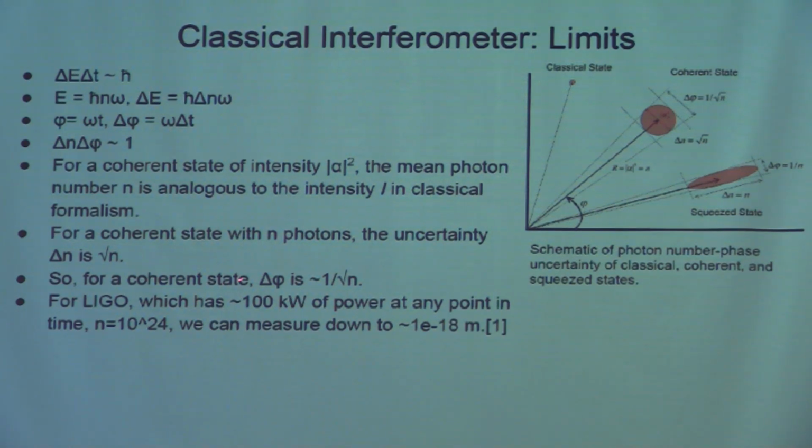So then delta phi is proportional to 1 over delta n, where delta n is square root of n. So delta phi is 1 over square root of n. That's the definition of the maximum resolution of conventional interferometry. You may have heard about this. So for the coherent state, that's what it is.